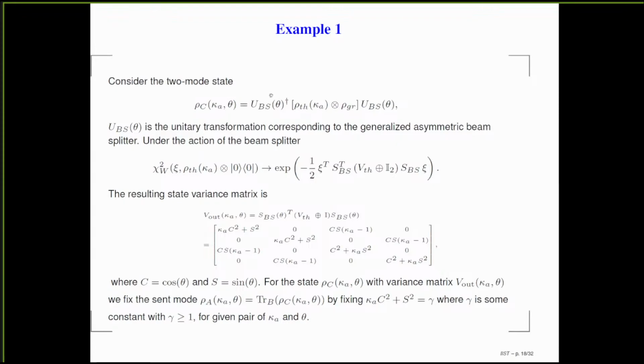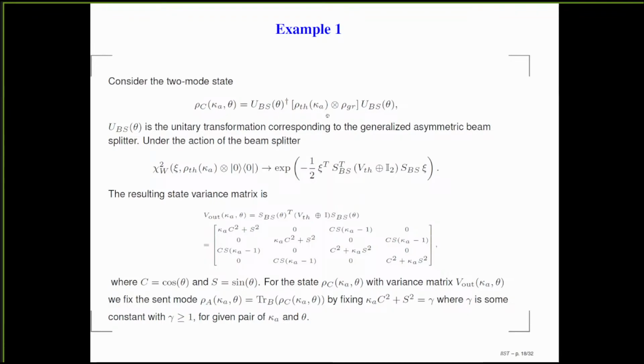So suppose you make a two-mode state by taking vacuum and a thermal state and passing them through a beam splitter, which is characterized by this unitary transformation. Theta specifies the reflectivity and transmittivity. You get a two-mode state, and this beam splitter is a passive device. You don't need to spend any energy on it. It's just partially reflecting glass.